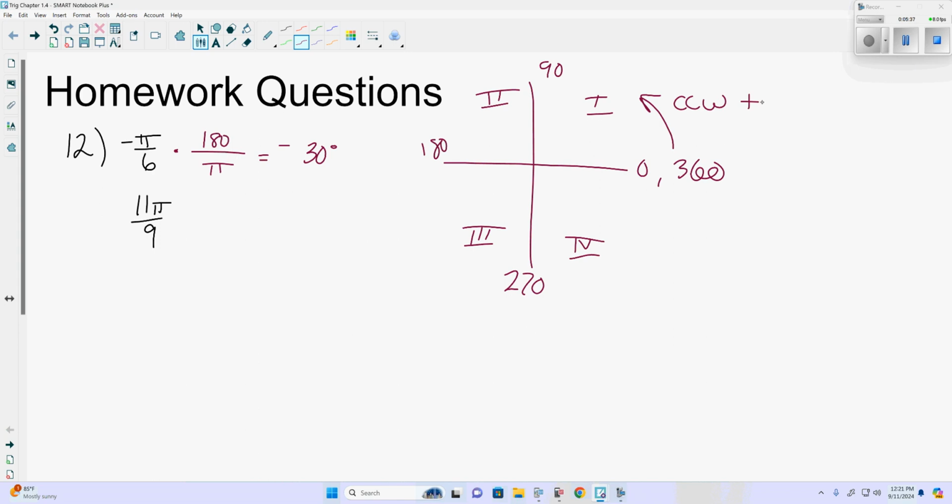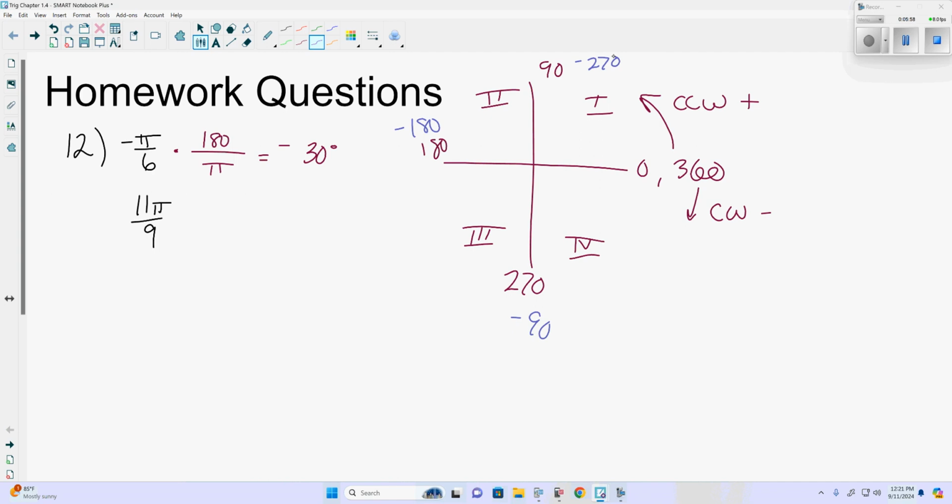Counterclockwise is positive, clockwise is negative. So if we talked about this in a negative direction, well, this would be negative 90. This would be negative 180. This would be negative 270. And all the way back around would be negative 360.